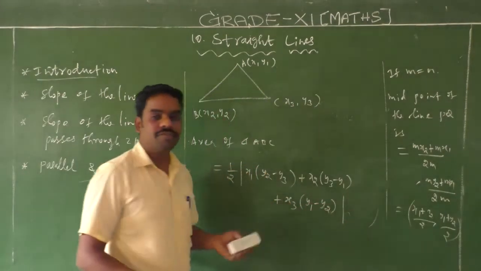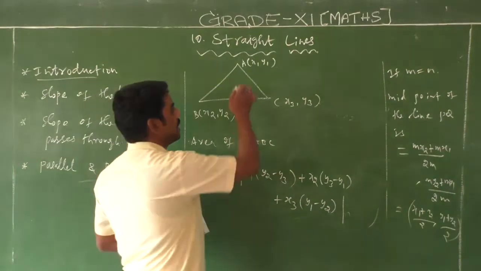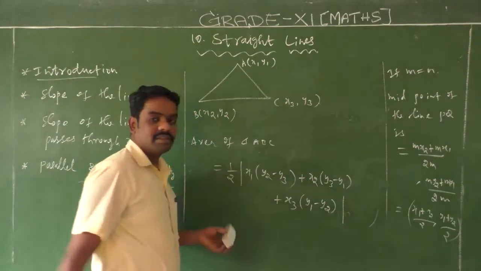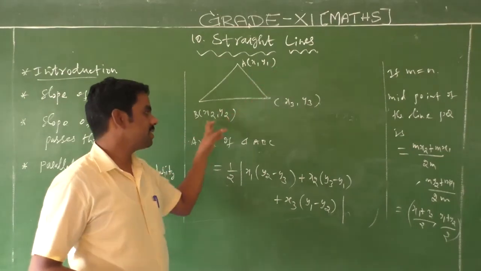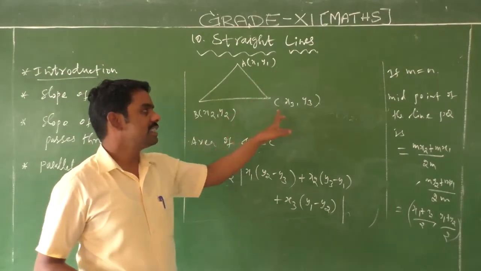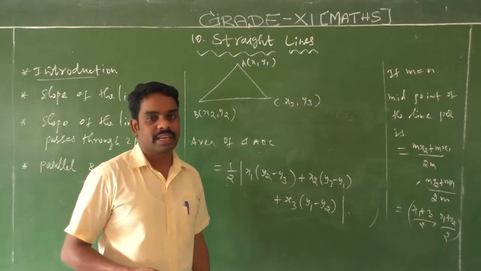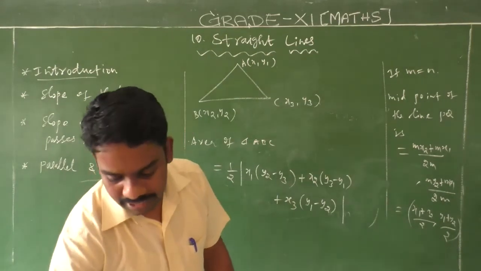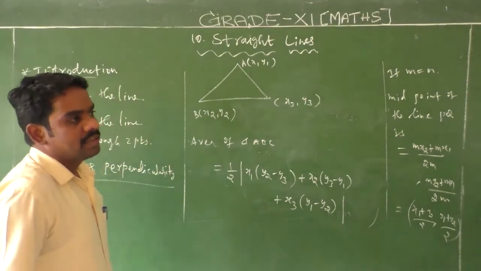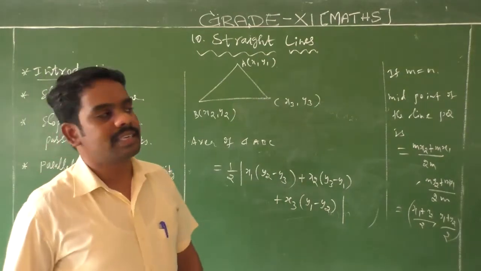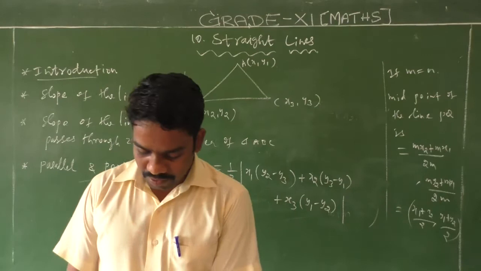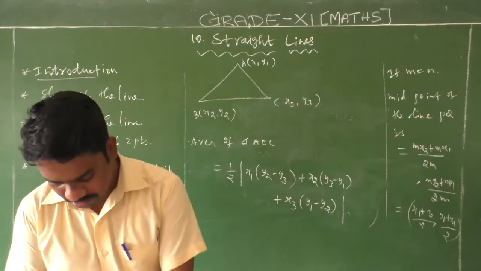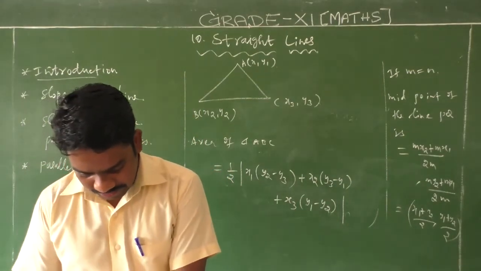This is the area of the triangle ABC. This formula was already studied last class, chapter number 7, grade 10, coordinate geometry. Okay, right. Using these same formulas in this chapter.